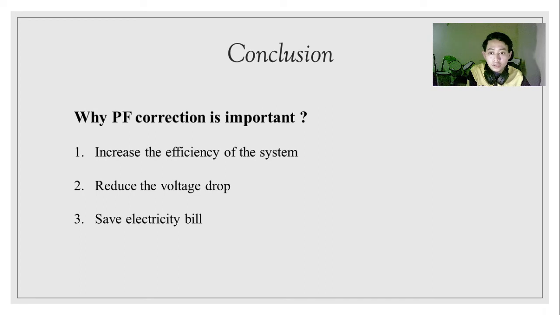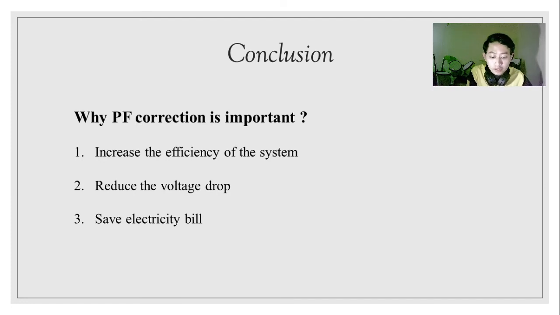As a conclusion, power factor plays a significant role in our system. The power factor is also used to measure how effectively the electrical power is being used. A high power factor means that the electrical load is utilizing the electrical power effectively, while a low power factor indicates a poor utilization of the electrical power.